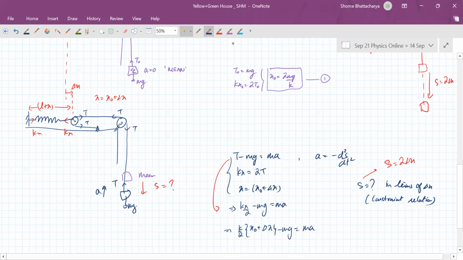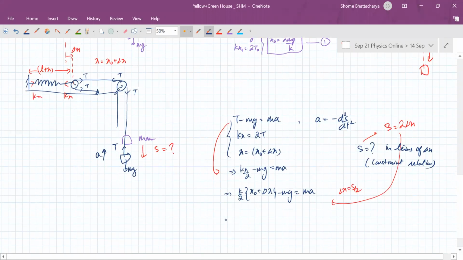And now from this, we can see that we can substitute delta x as s by 2. So we have k by 2 into x naught plus s by 2, minus mg is equal to minus m d2s by dt square. So this is our second equation.